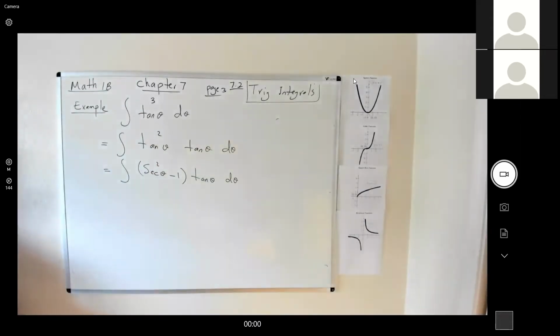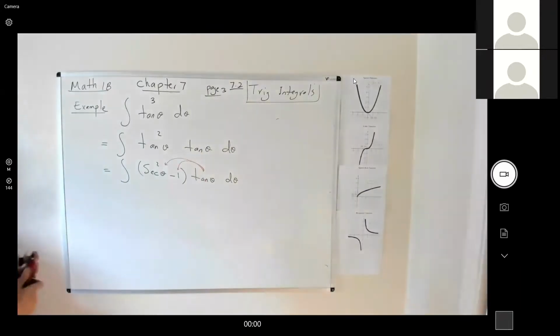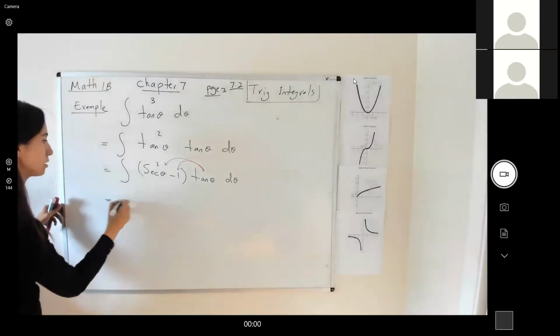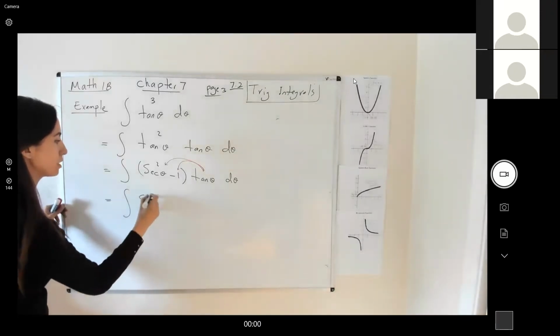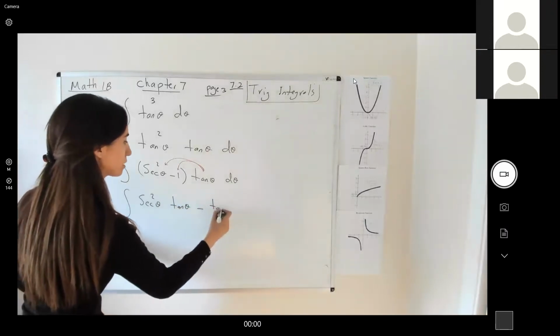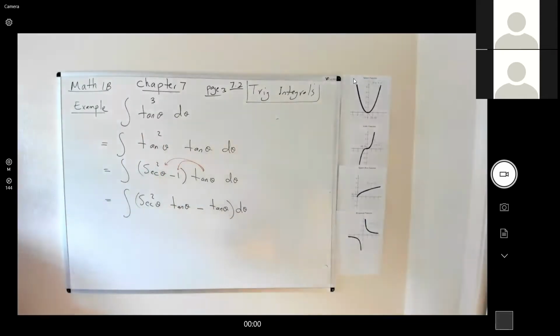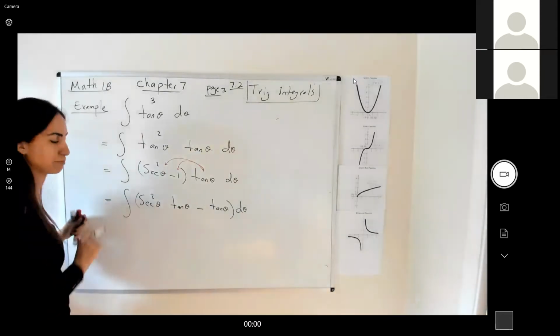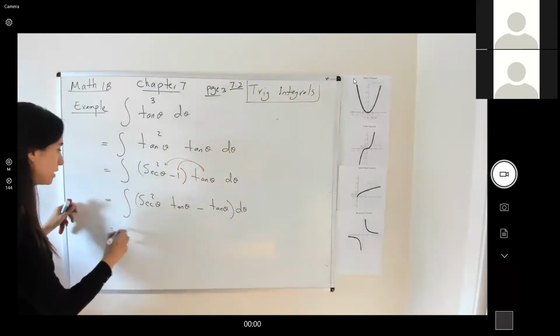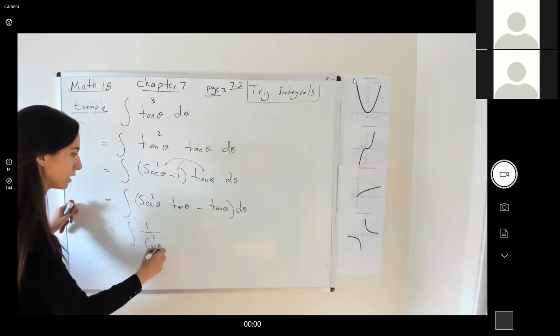Now distribute your tangent into the parentheses. Here you get the integral of secant squared theta tangent theta minus tangent theta d theta. Okay. Secant squared is 1 over cosine squared theta.